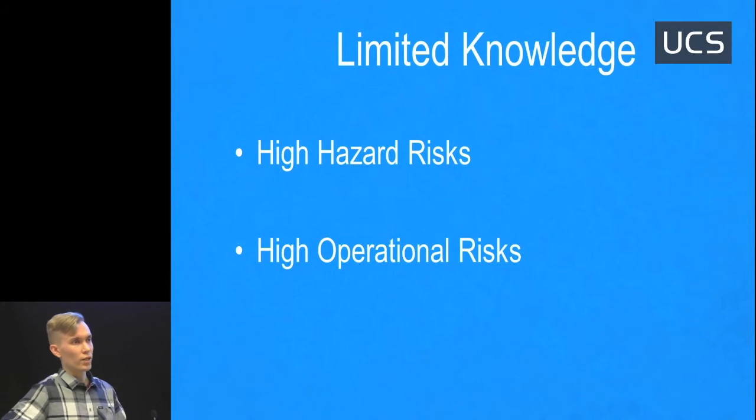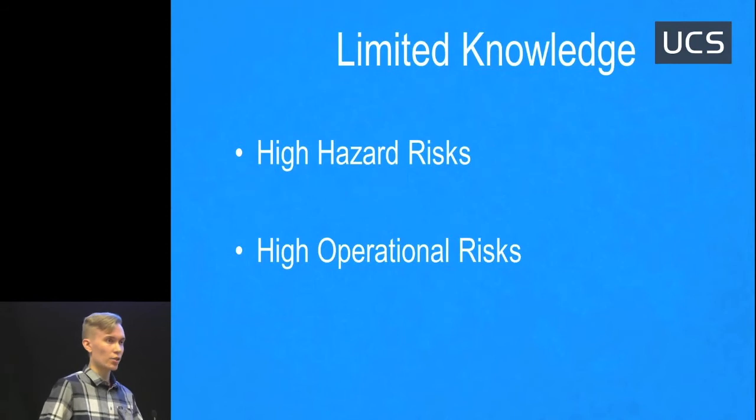Another form of risks is operational risks. These are risks happening within a company in the production. But now when there is such a lack of knowledge, some of the operational risks are actually hazard risks for insect farms, because it's very hard to mitigate something when you don't understand the source. And now I'm talking about the extreme example of pathogens.